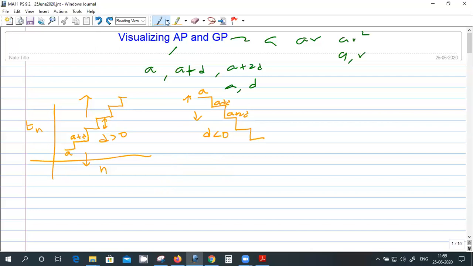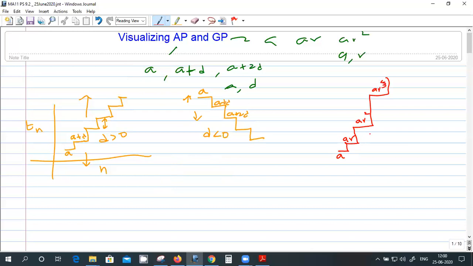Okay. So similar picture, if I draw for GP, GP will look like this. A, the first term, the second term is AR, third term is AR square, and the fourth term is AR cube, right?